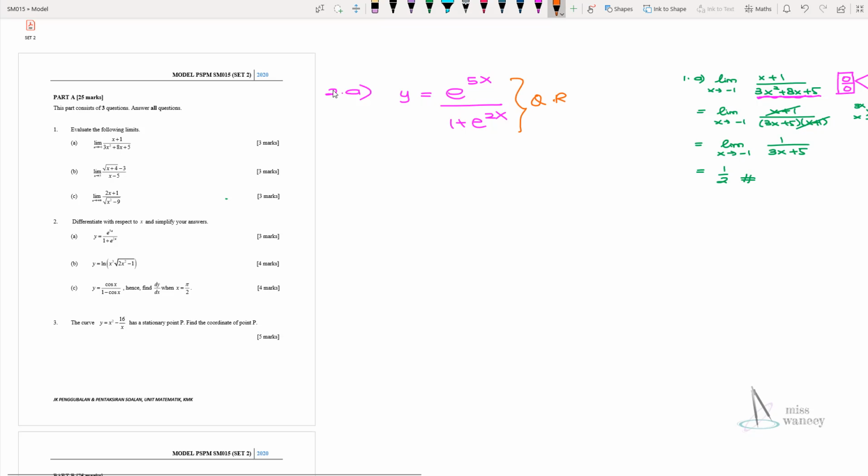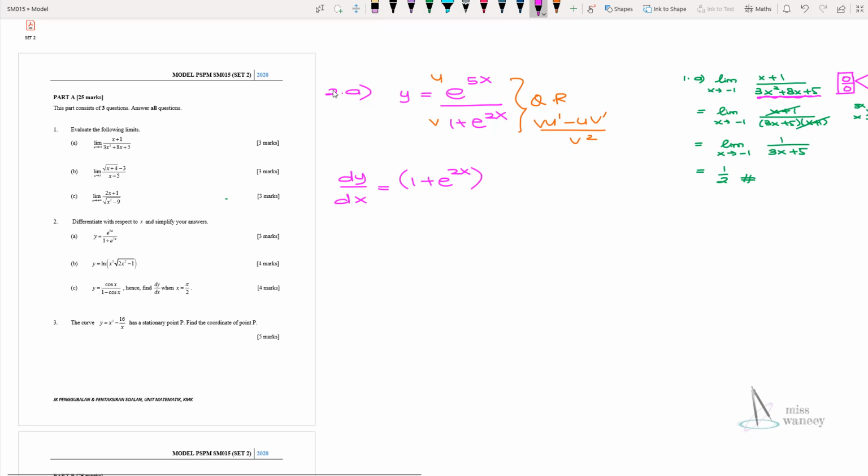So one of them will become u, so definitely on top will be u. The bottom will be v, so the rule is (v u prime minus u v prime) over v square. So we're going to use the quotient rule for them. Okay, so dy over dx. V first. V is 1 plus e to the power of 2x.